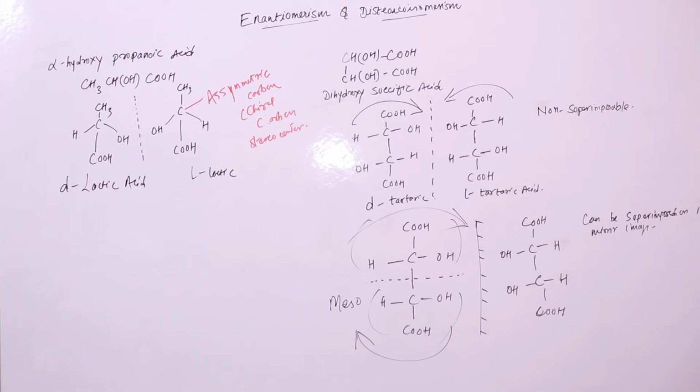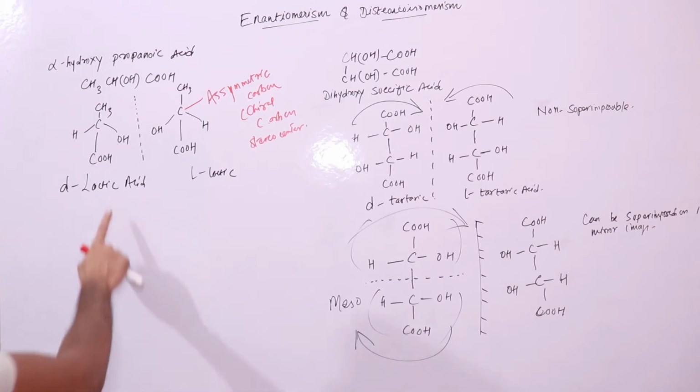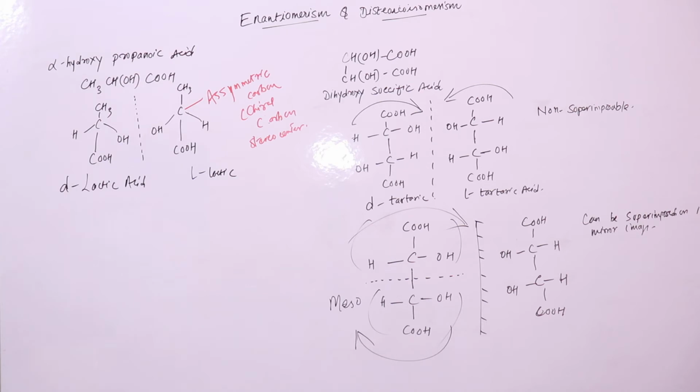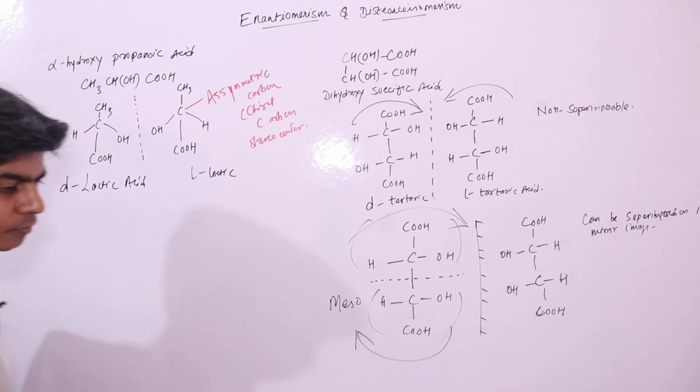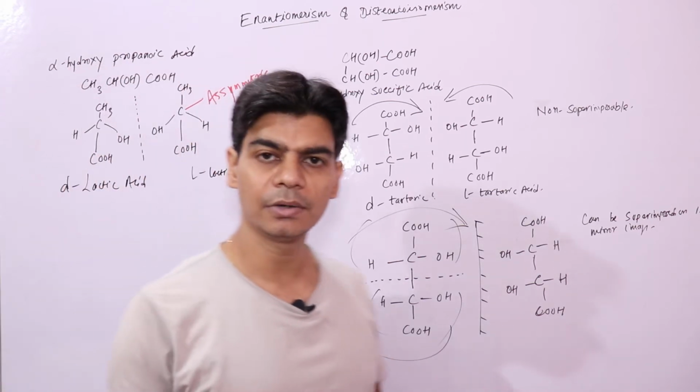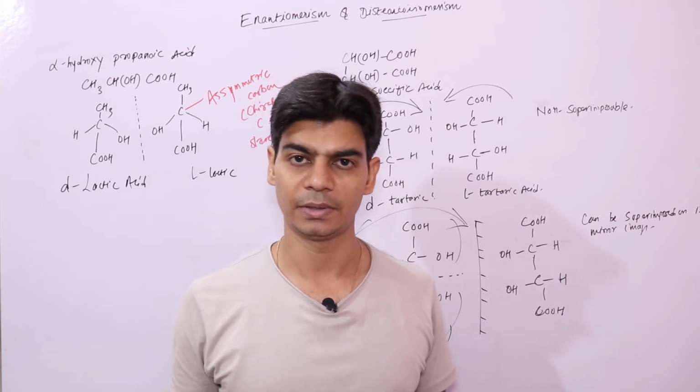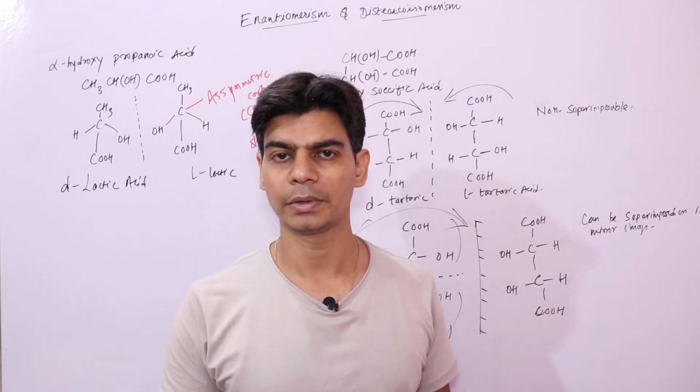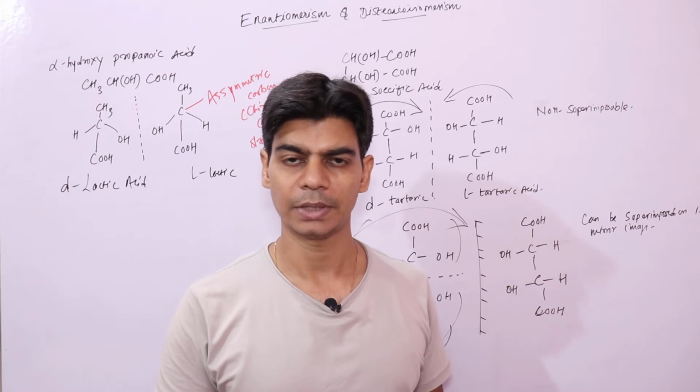Now some properties of enantiomers. Since these are isomers, they possess the same molecular formula and the same chemical structures. They possess almost similar physical and chemical properties. However, there are some differences. One enantiomer will rotate the plane of polarized light towards the left and the other towards the right.